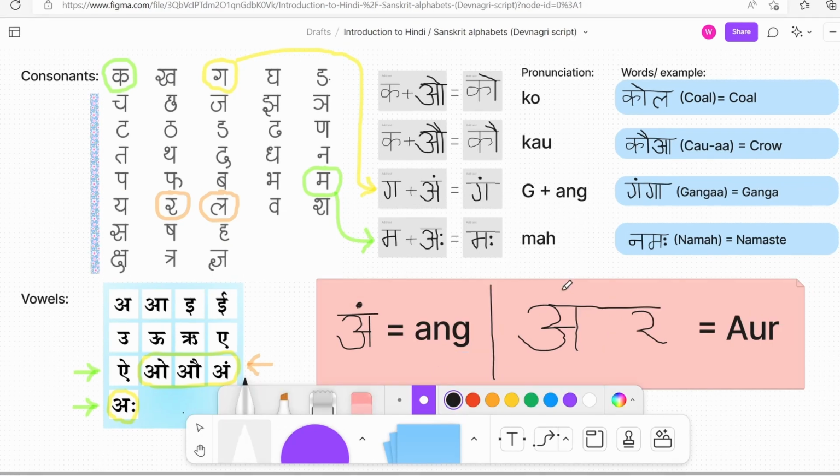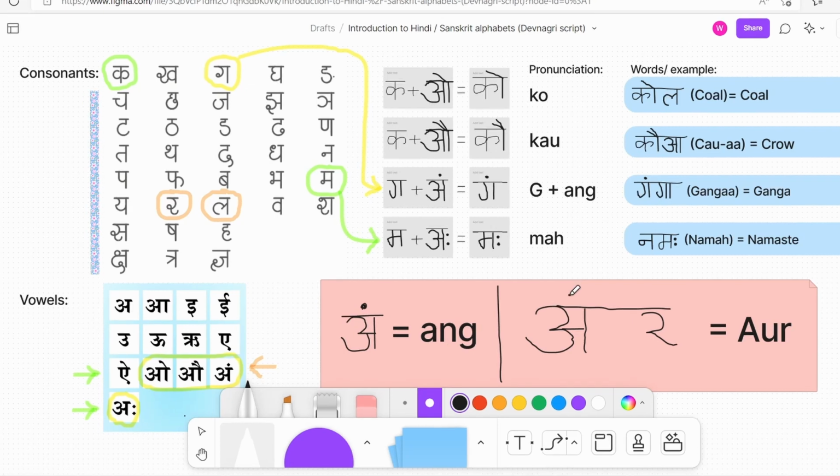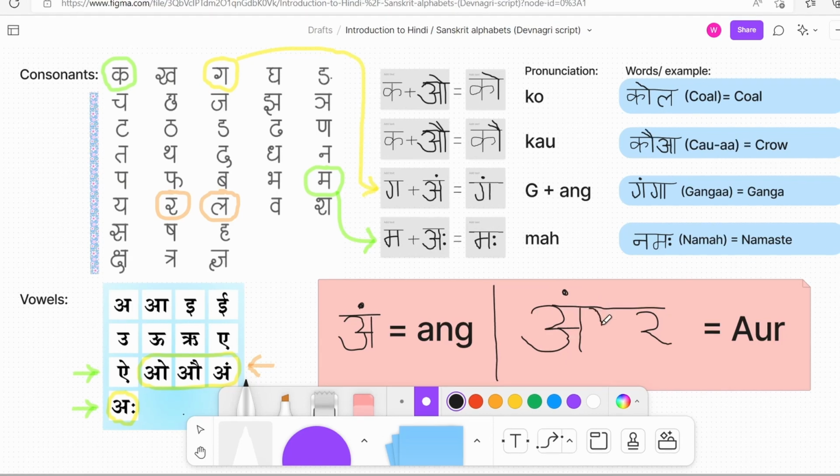Now I'm showing you an example of Ang without any consonant. Ang, Gu, Ra.